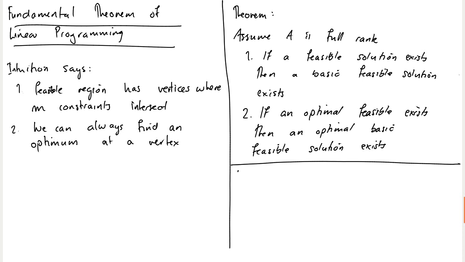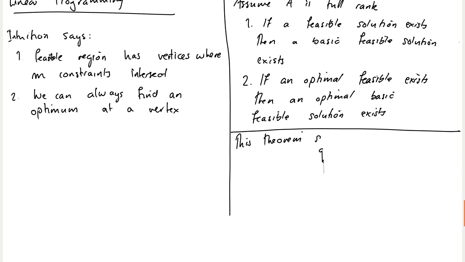Okay, so this theorem says we only need to consider basic feasible solutions of the type we just looked at on the last slide when searching for an optimum.